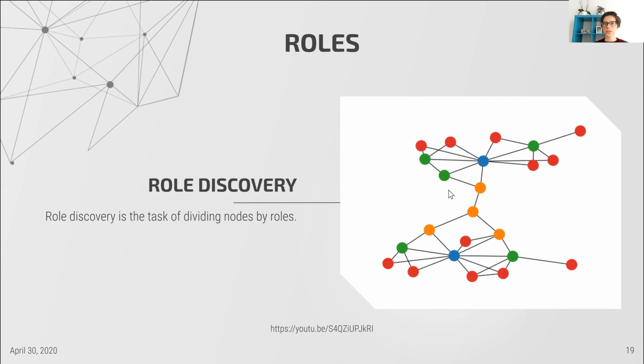Okay. According to this definition, we can go back to the graph clustering problem that I was mentioning before, but in this case, our objective is to divide the nodes according to their role, in such a way that in the end, we end up with a set of nodes that are structurally similar to each other, as happens here in the organizational chart we were looking at before.